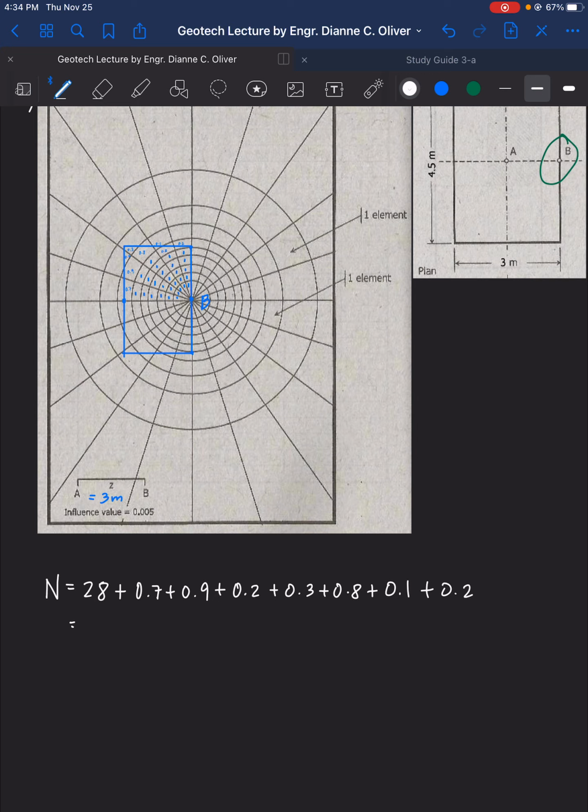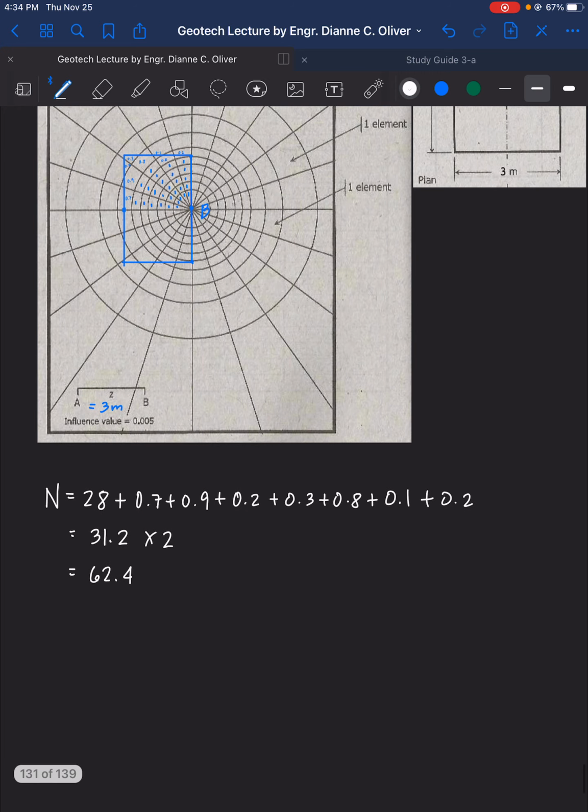It's equal to 28 plus 0.7, 0.9, 0.2, 0.3, 0.8, 0.1, 0.2, which is 31.2. Then let's multiply it by 2. We have 62.4. And the formula is delta P equals IQN.